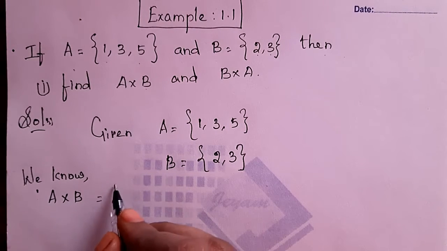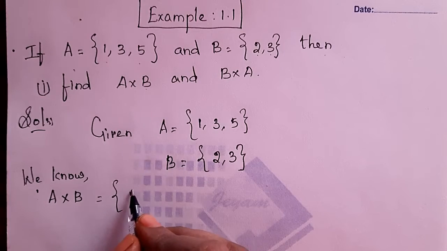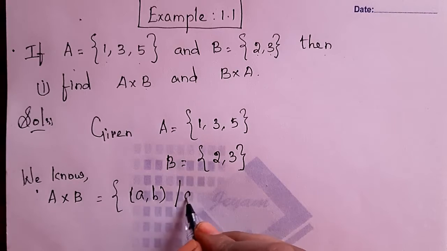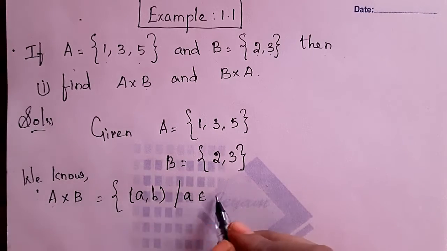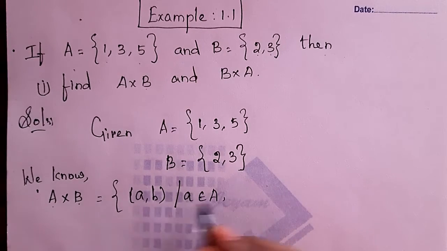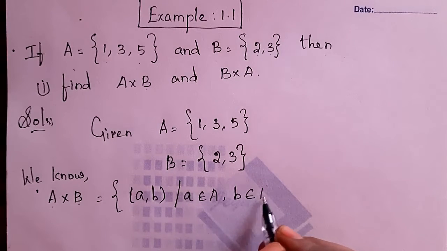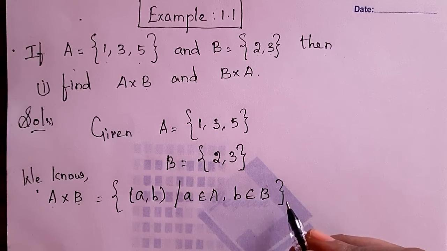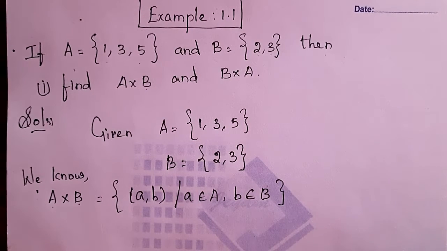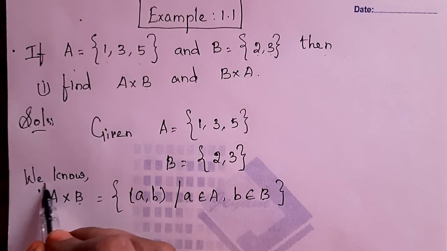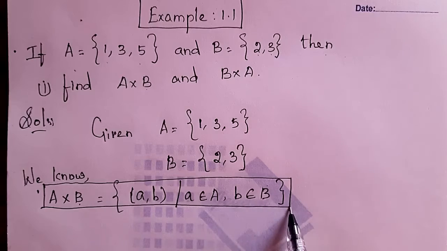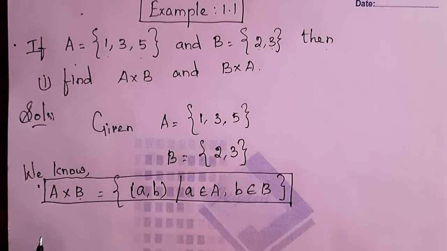A cross B equals the set of all ordered pairs (a, b) such that a belongs to capital A and b belongs to capital B. Okay. Then using this we are going to write A cross B.